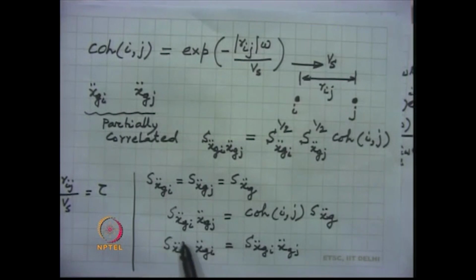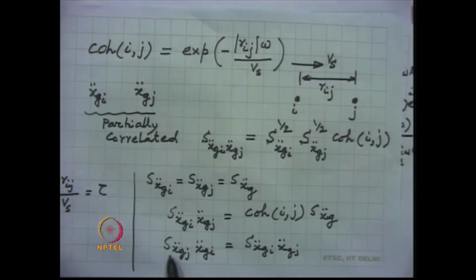So, we write down the cross power spectral density function between the two excitations i and j as coherence i comma j into S x double dot g. So, in this particular fashion, one can write down all the cross power spectral density function terms.